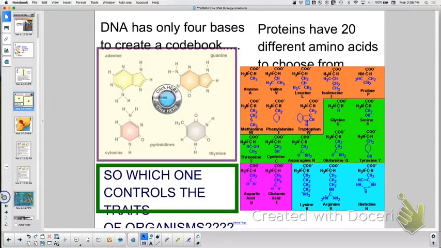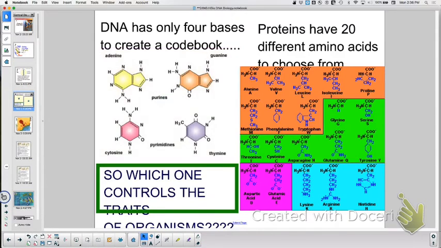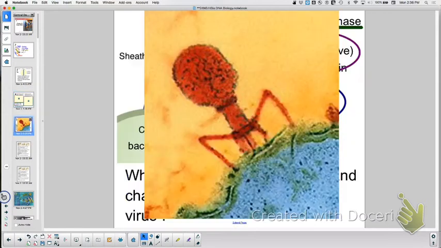But the nucleotides that build up DNA, there are only 4. So it just made more sense if our genetic code was a protein. Then we had the work done by Hershey and Chase, because we always chase down a Hershey bar, so we're chasing down what our hereditary material is.